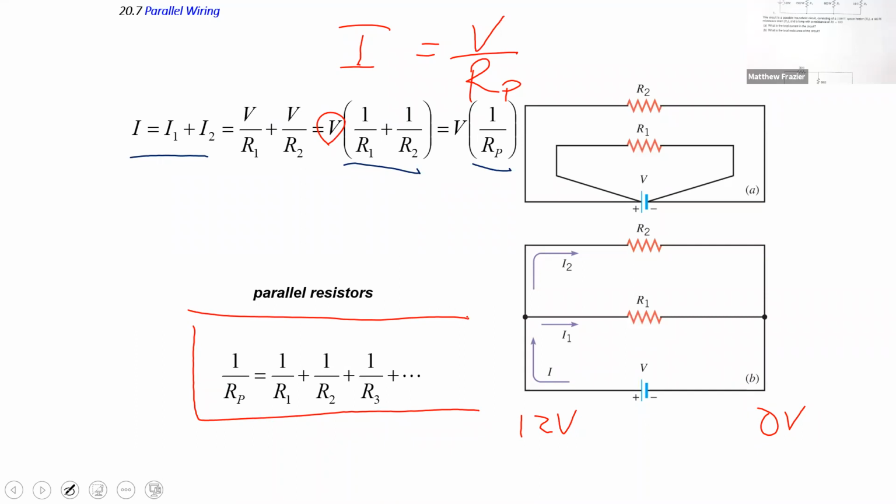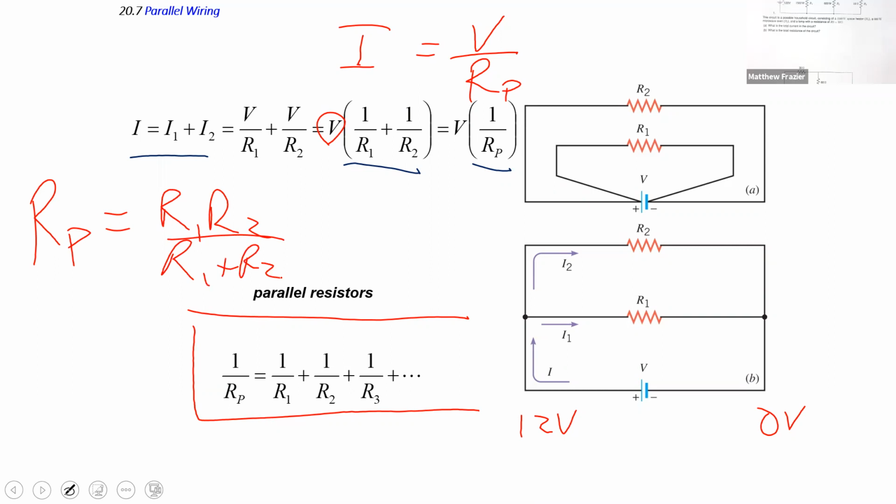Now, if you go look this up, you'll see the rule for two resistors. 1 over R1 plus 1 over R2 is 1 over the parallel resistance. And then they rewrite it, right? They put it over a common denominator. So the parallel resistance looks like R1 R2 over R1 plus R2.